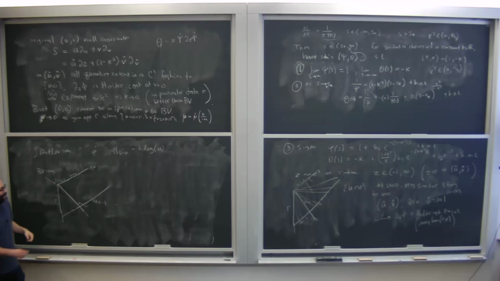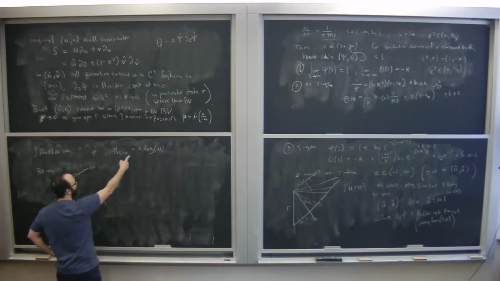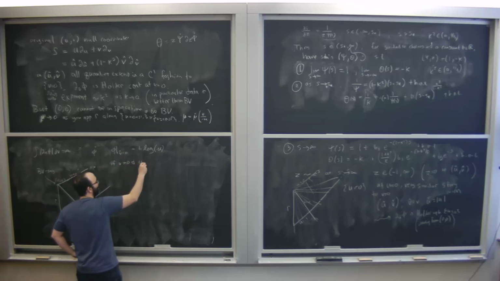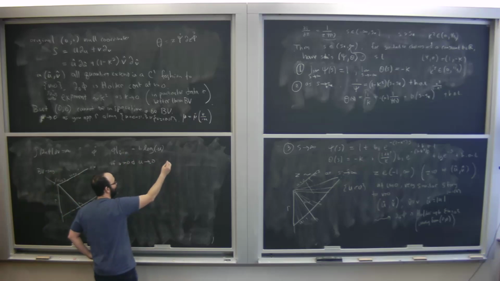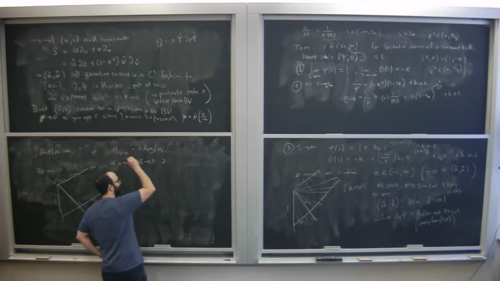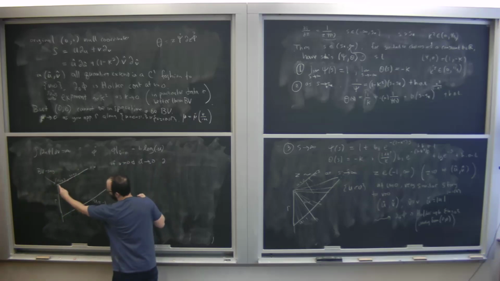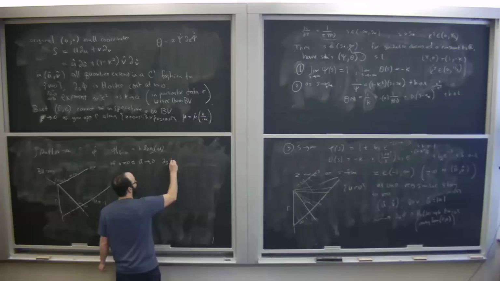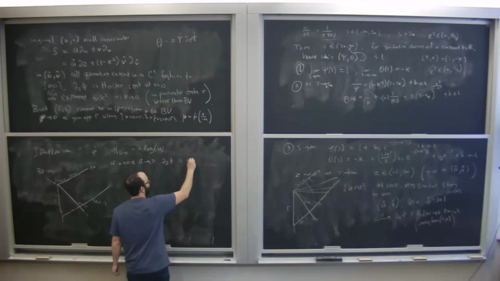If v is positive and u goes to 0, then we can work in those coordinates. As long as we don't approach there, if we go a little bit over and approach, then this is even Holder continuous.